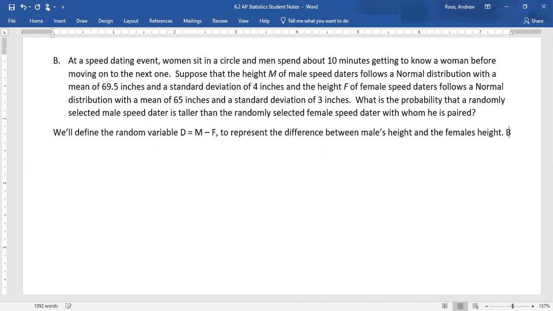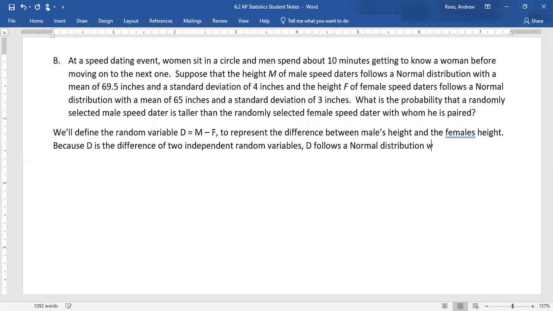Okay, because D is the difference of two independent random variables, D follows a normal distribution with, okay, so now it's time to do some calculations.